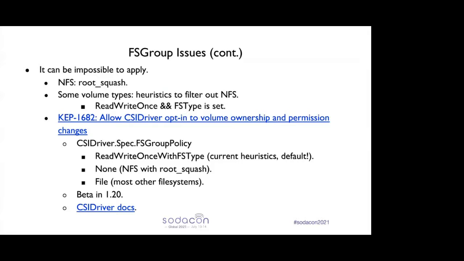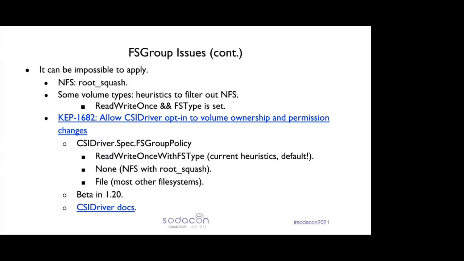Another problem is that sometimes FSGroup cannot be applied to volumes at all. For example, if the volume is an NFS share with a root squash option. In Kubernetes 1.20, we have this beta feature for CSI driver to opt in or out of the recursive modification and avoid needless modification attempts.